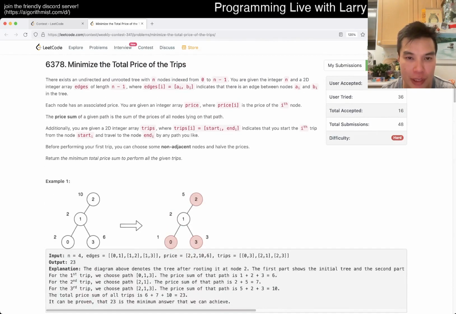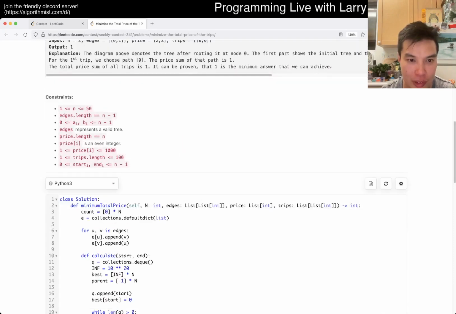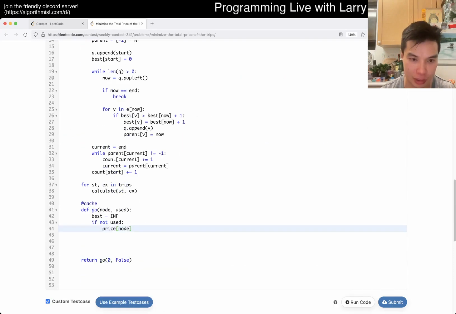What does halving mean? Are they all even numbers? Okay, so it's even, so we can halve this number times count of node.